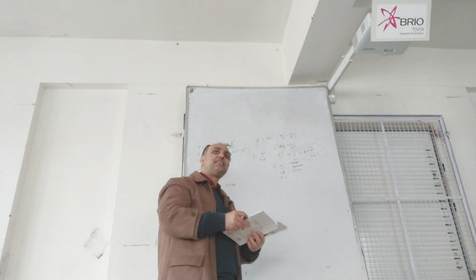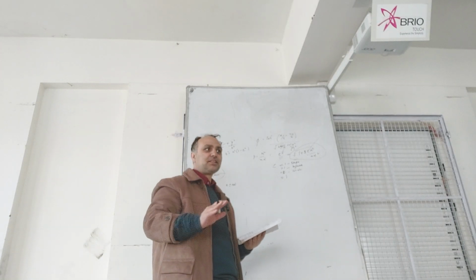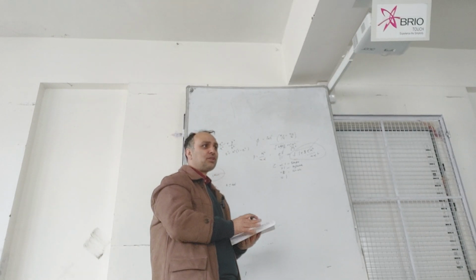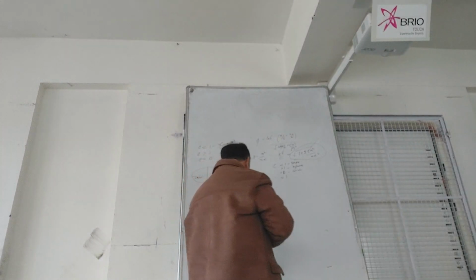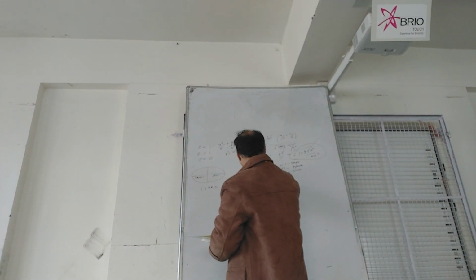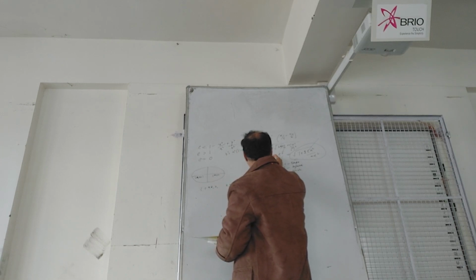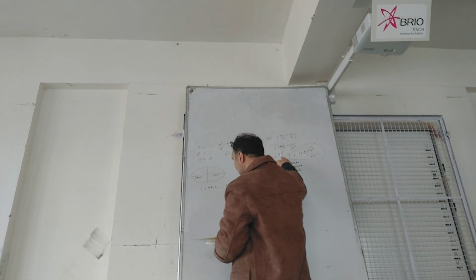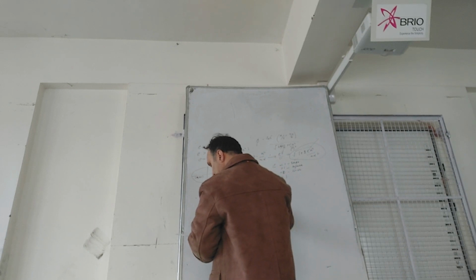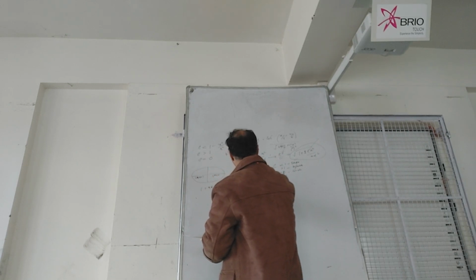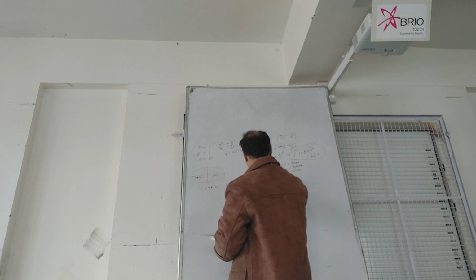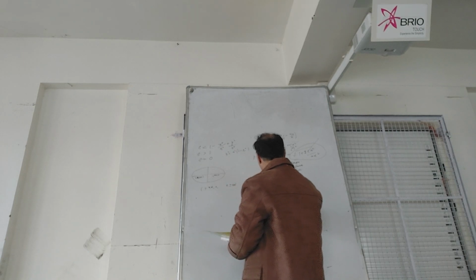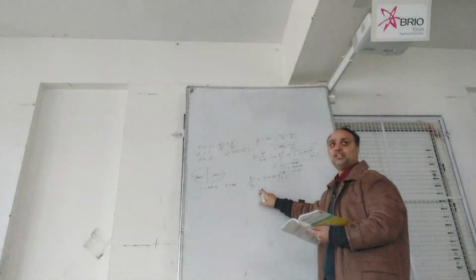In the next class we wrote it this way. But there is also another way of writing the same thing, which this book follows. You might have followed this. If P is like this, we wrote P this way. So we can write the equation of motion as P by R is equal to 1 plus e cos phi. This is the equation of the ellipse or hyperbola.